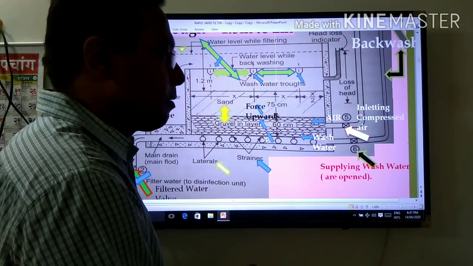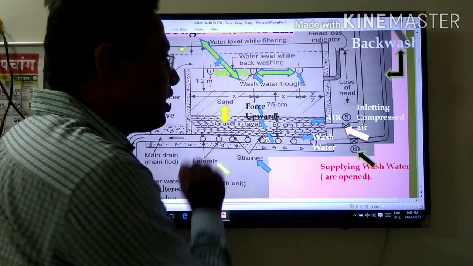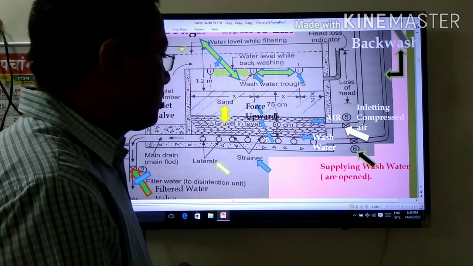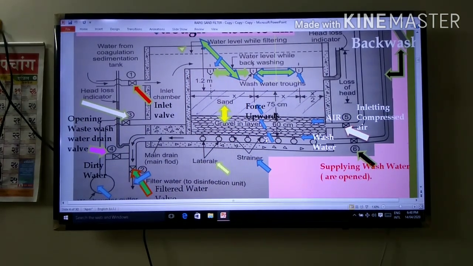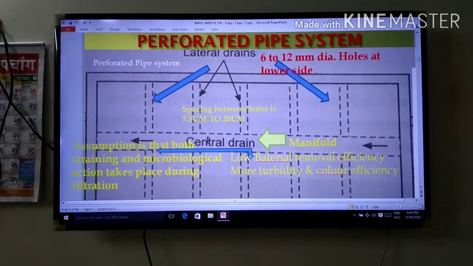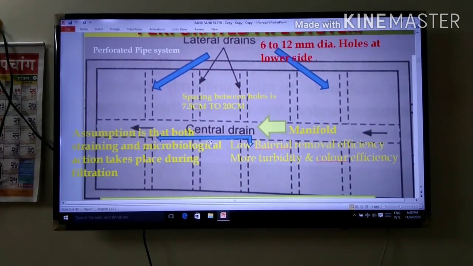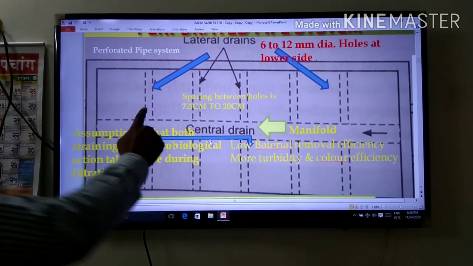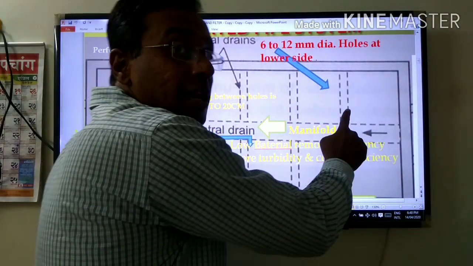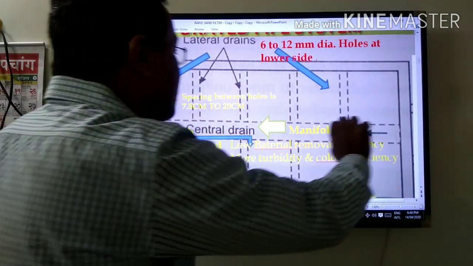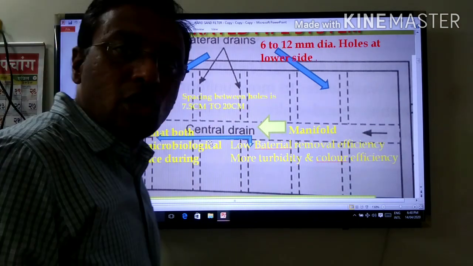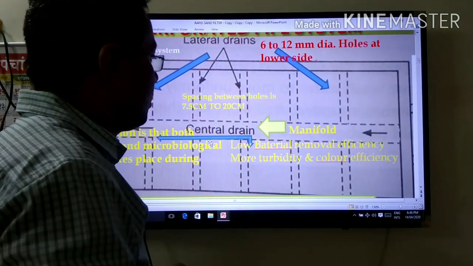Number of laterals is there. Above that small one, there are strainers that you have to keep in mind. All these are laterals. Okay, this is our central drain pipe, which is called manifold.